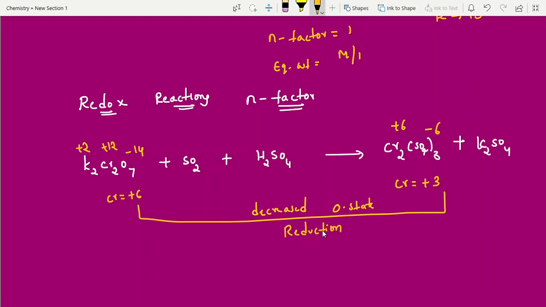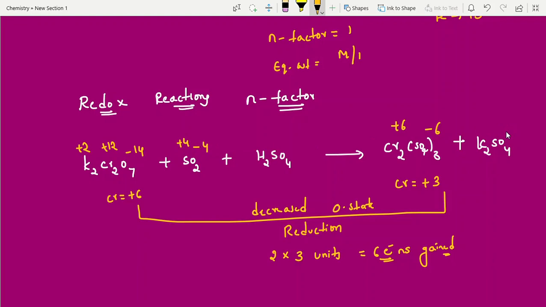Oxidizing agent is ready to undergo reduction. Here, how many units? +6 to +3 means 3 units, 3 electrons gained. But the total change here is 2, here 2, so we have to take 2. 2 into 3, 6 units, 6 electrons gained. Clear? Now what about the other guy? Can you calculate? Yes. -4, this is +4.